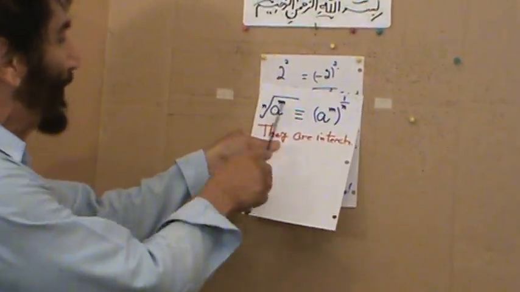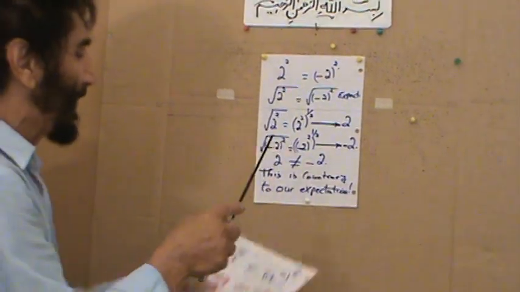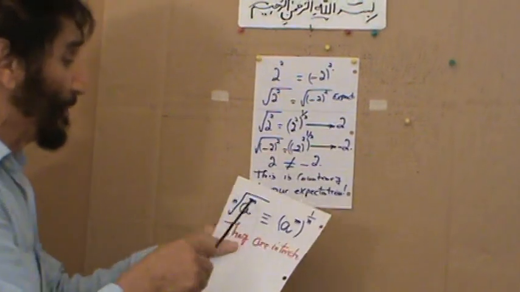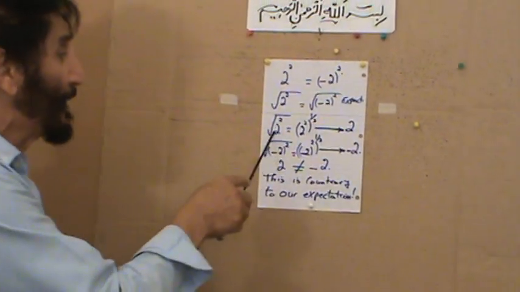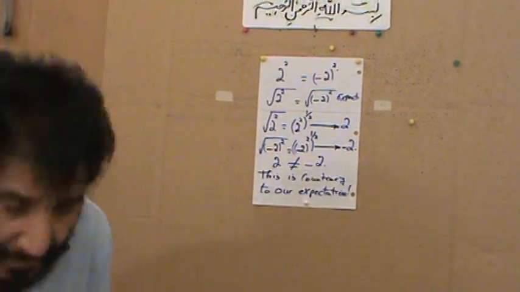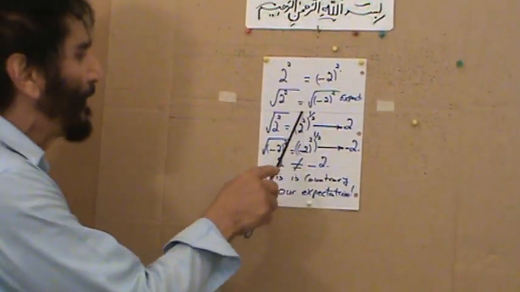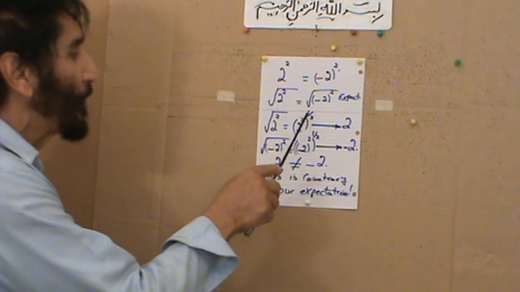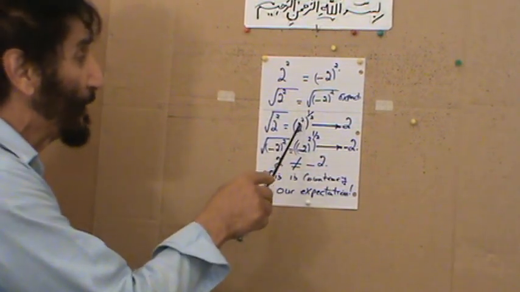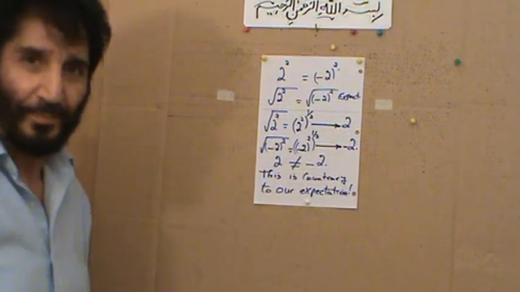Exactly according to this agreement, (a to the m) to the n, we interchange to this notation. Then we get (2 squared) to the 1/2, and (a to the m) to the n is a to the m times n, and 2 times 1/2 is 1, so we get 2.